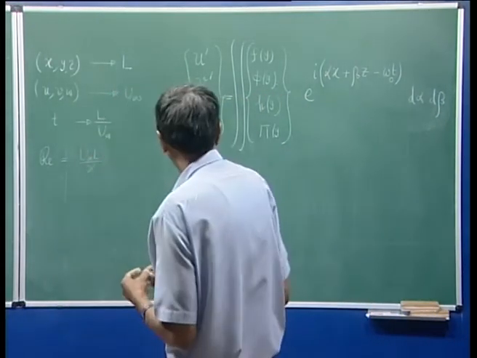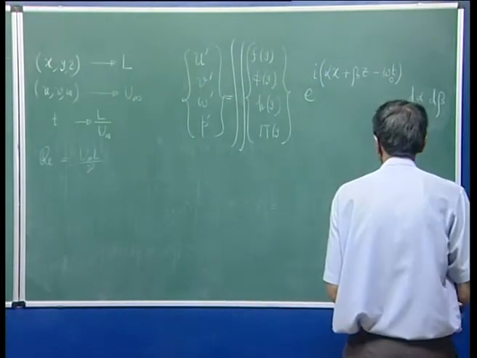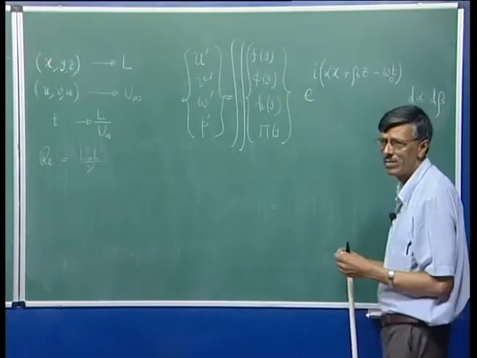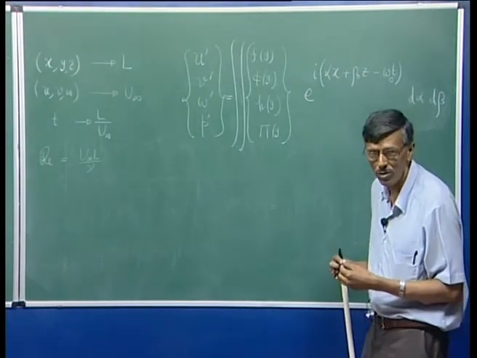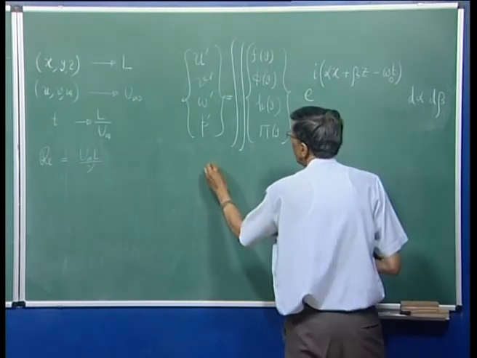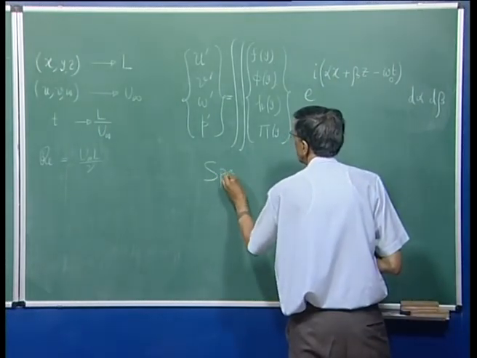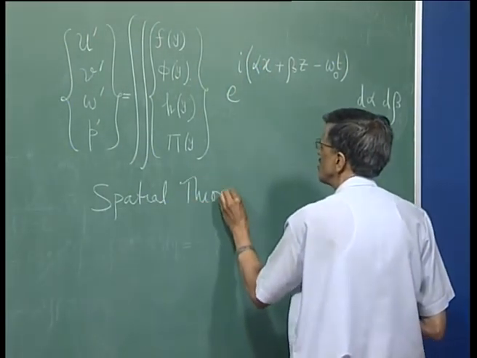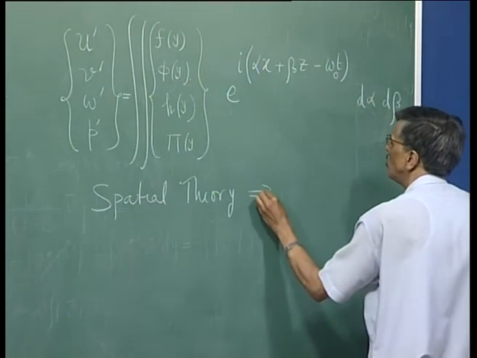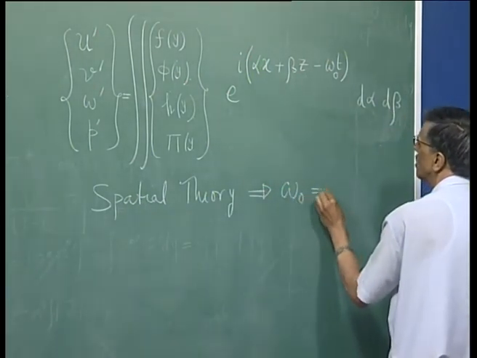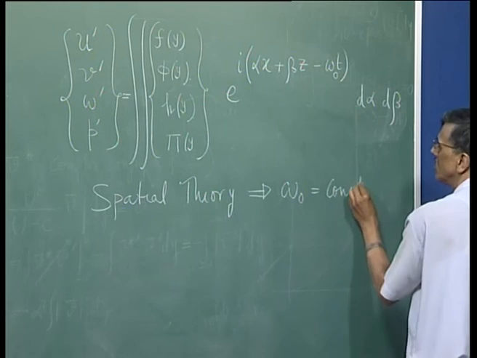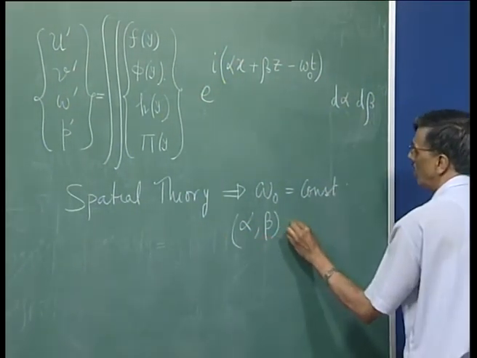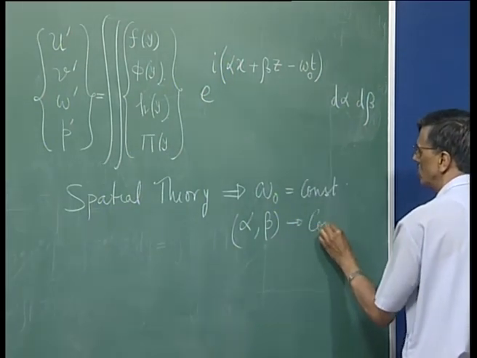We will do that, and then we are going to talk about alpha and beta as complex. That will be your spatial theory. So, we are looking at spatial theory, which corresponds to omega naught equal to constant and alpha, beta as complex.